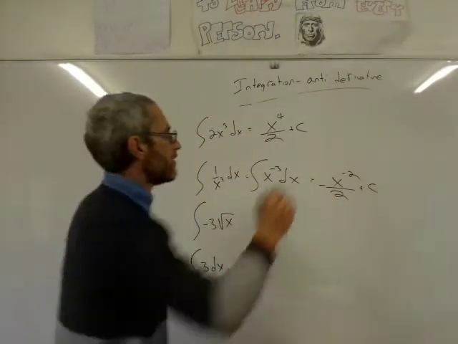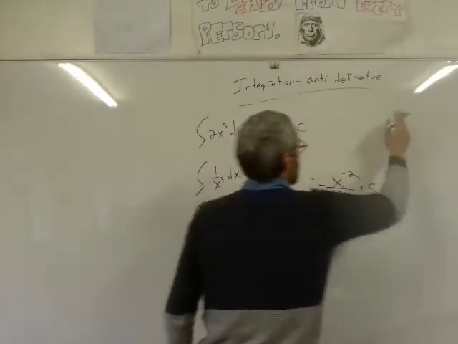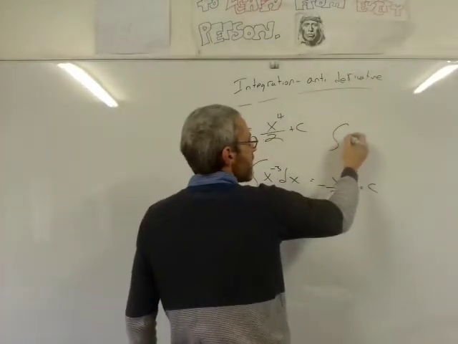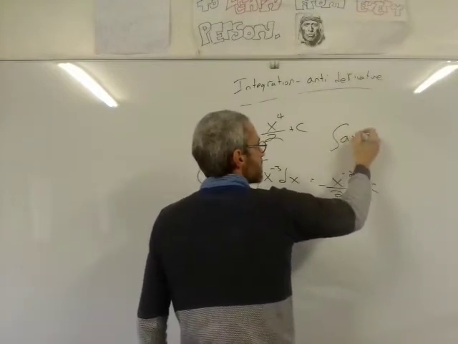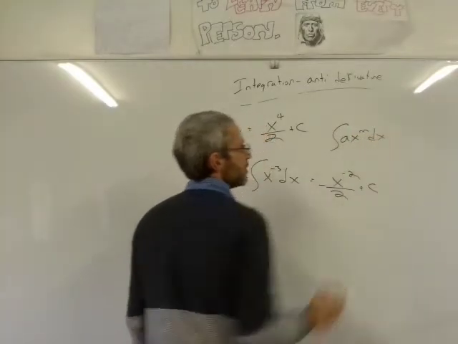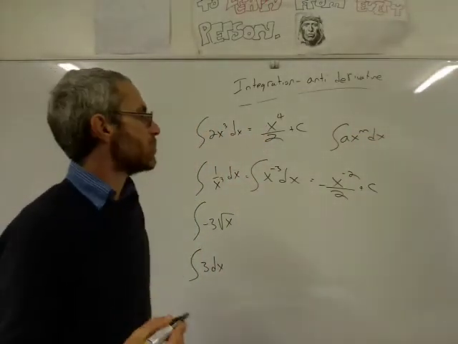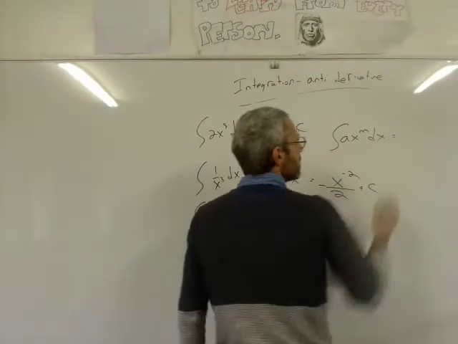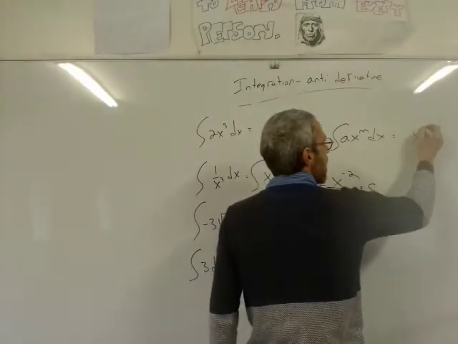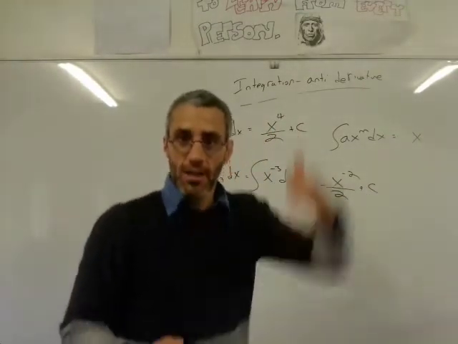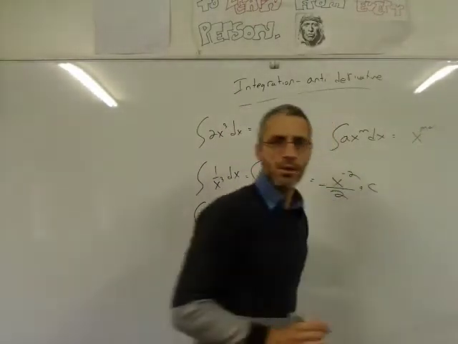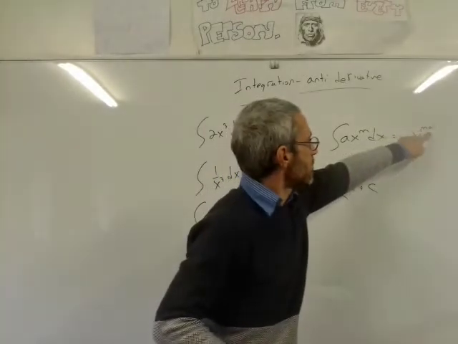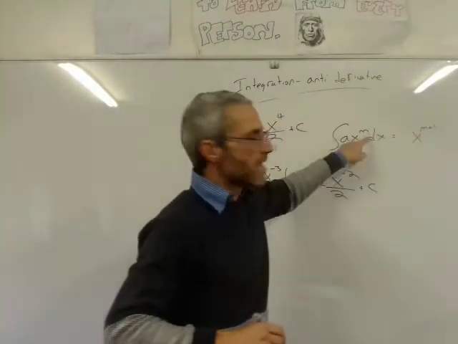At this point, I'm going to write a little rule. If I've got a polynomial with a constant, ax to the power of n, dx, and I do the integral of ax to the power of n, what I'm going to have is x to the power of, what will be the power of the x? 1 above the n, so it will be n plus 1, because when I do the derivative, the n plus 1 minus 1 will be n.